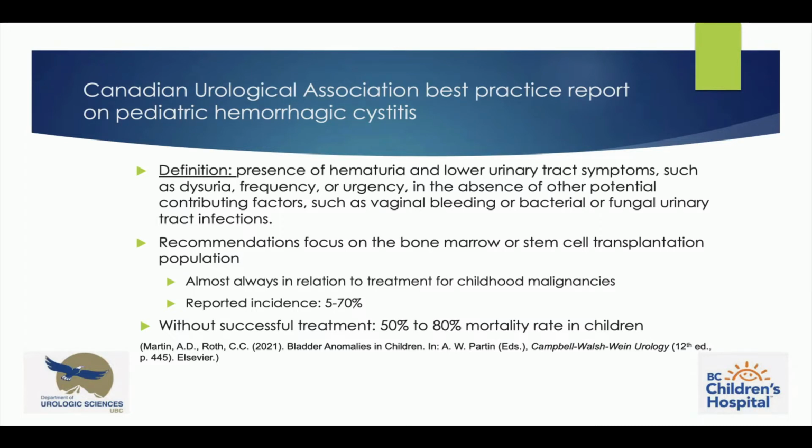For this best practice report, the recommendations focus especially on the bone marrow or stem cell transplantation population, because hemorrhagic cystitis in children is almost always related to treatment for childhood malignancies. The reported incidence of hemorrhagic cystitis in this population is between 5 and 70%, which can be pretty high.